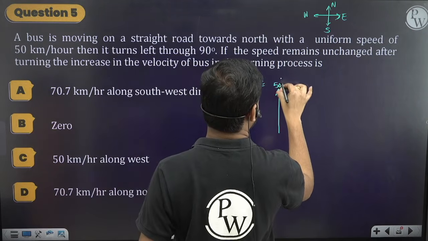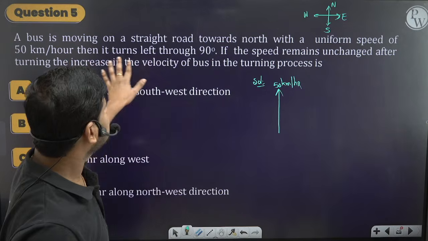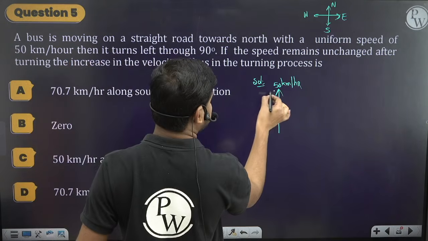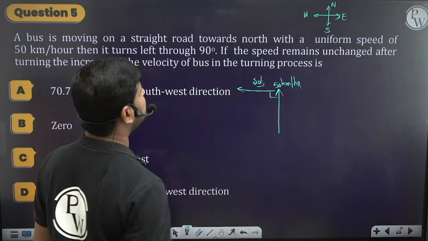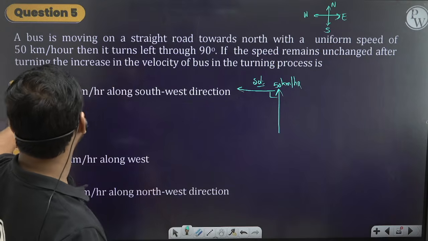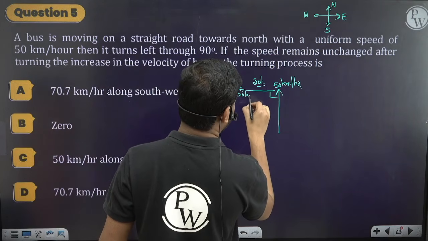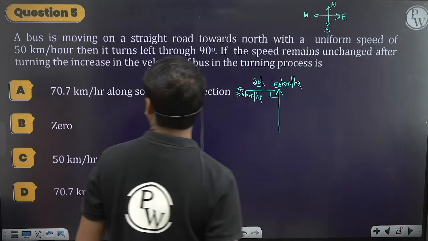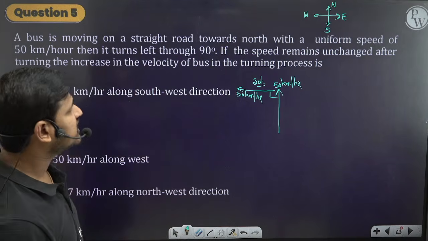Then it turns left by an angle of 90 degrees. If the speed remains unchanged after turning, so here the speed is again 50 km per hour, they said. Then find the increase in velocity of the bus in the turning process.